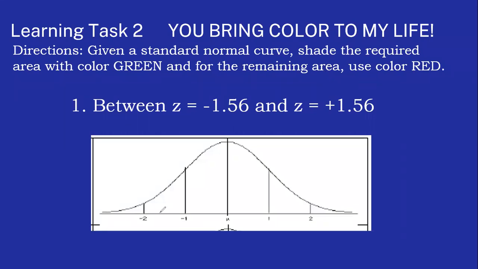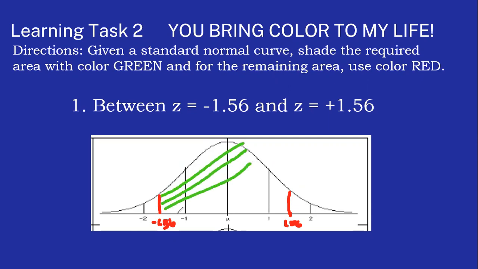Assume that this is the negative 1.56, and the positive 1.56 is more than halfway between 1 and 2. So this is the positive 1.56. Based on the direction, since it's between, the required region should be shaded green.